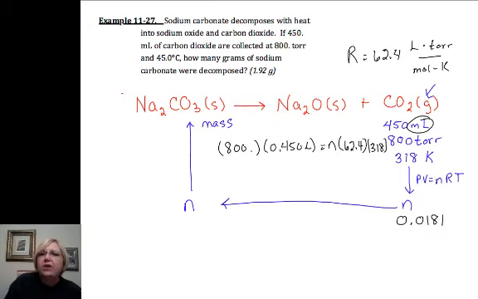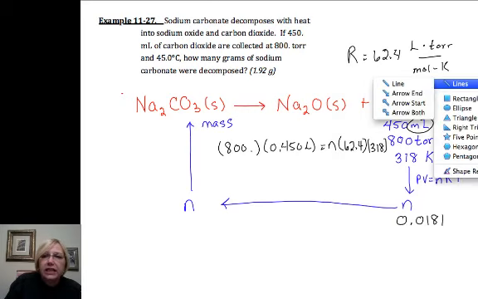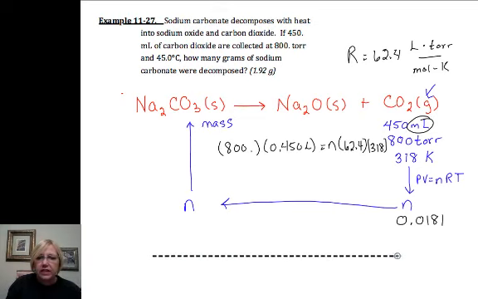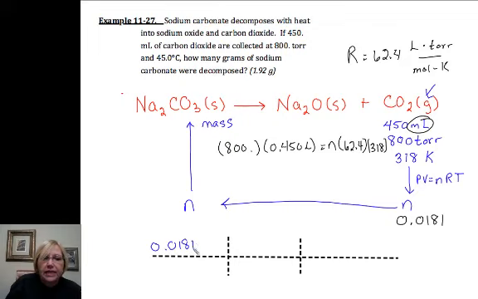So now that I've used my ideal gas law, again, you can either use it to get onto the mole road or off of the mole road. This time we used it to get off of the mole road. So we've got moles of CO2, we've got to go moles to moles, and then moles to mass. And then we're done. So pretty short movie again, and hopefully you're picking these up.